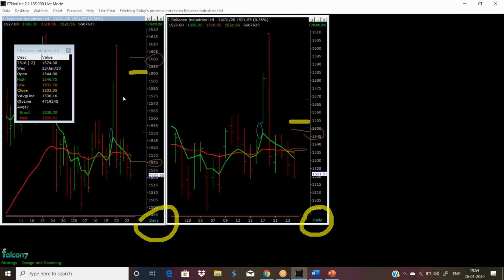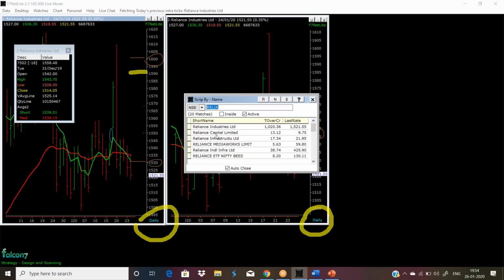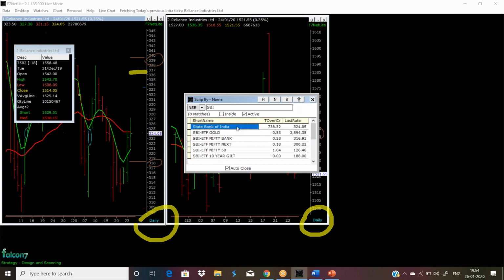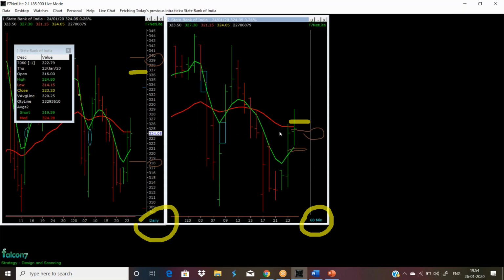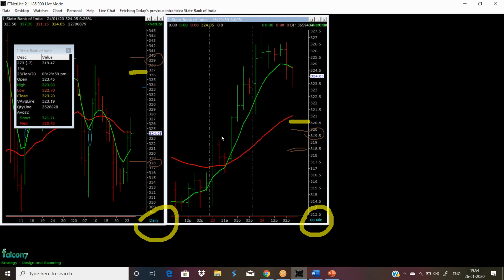You can take another stock also, SBI, daily and 1 hour chart. If you check EMA 6 here, this green line value is around 321, 320.86.